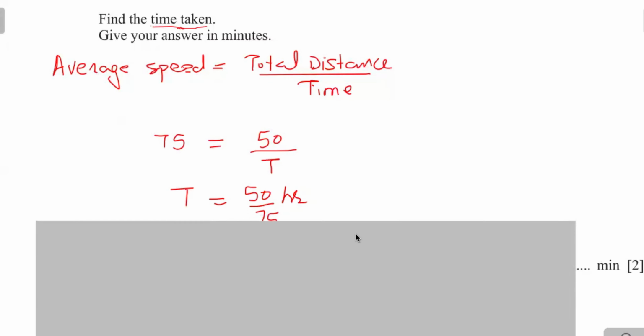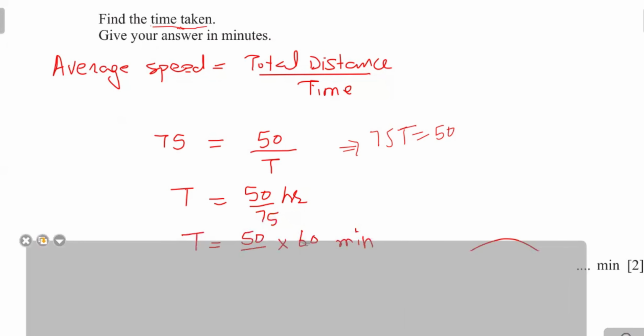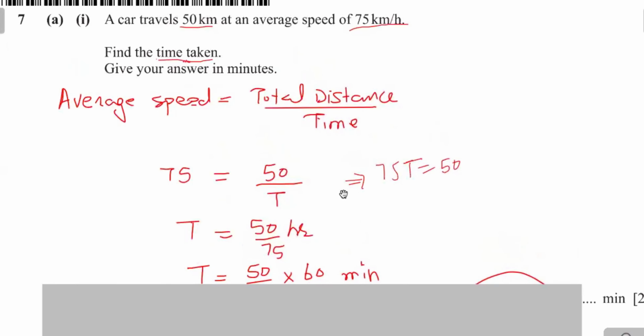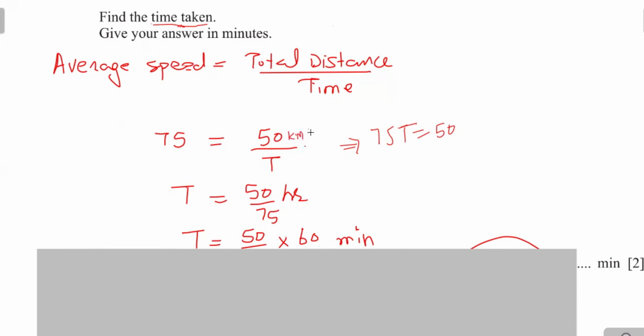Therefore, we get 75t equals 50. Now we shift the 75 from left to right side. Therefore, this value becomes 50 over 75. And this time is in hours, because the speed is given in kilometers per hour and the distance in kilometers. Therefore, we get the time in hours. So we will convert this time into minutes.